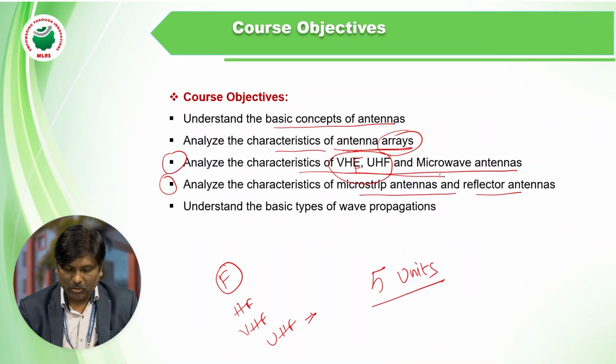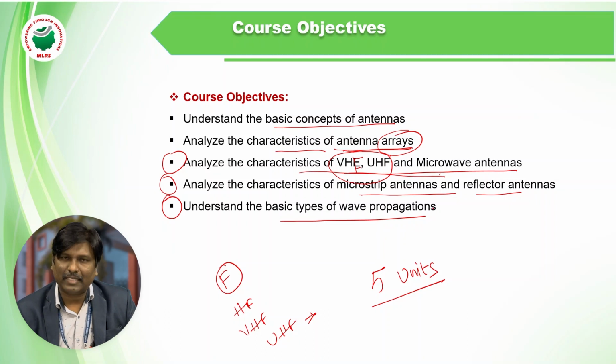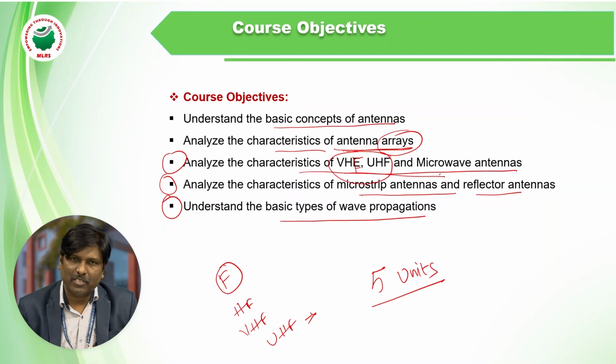Now coming to the fifth objective: understand the basic types of wave propagation. What is propagation? Simply it can be termed as traveling or transmission. The wave is to be propagated, transmitted, traveling. In which manner?